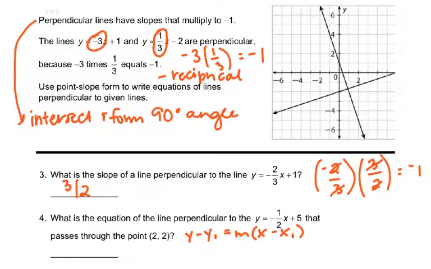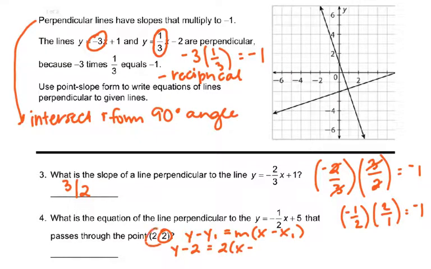So we have y minus, what is our y? 2 equals, what is our slope here? So again, it's a negative reciprocal. So what times negative 1/2 is going to equal negative 1? And if you said 2 over 1, which is the same thing as 2, you would be correct. So 2 times x minus, and what is x1?